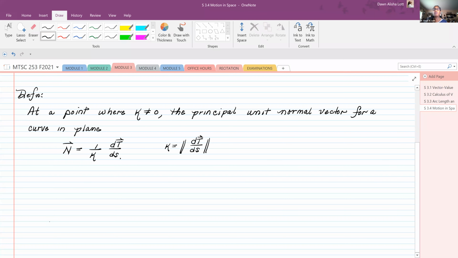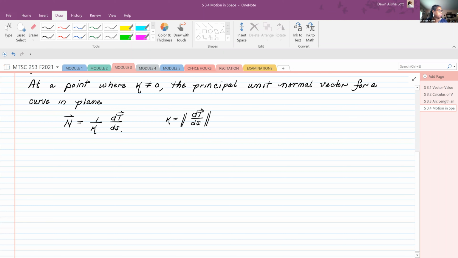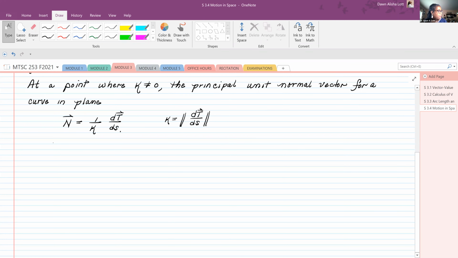I'll give you my way of remembering everything at the end so you can see how life can be so simple. So N is dT/ds over kappa, which is the length of dT/ds.